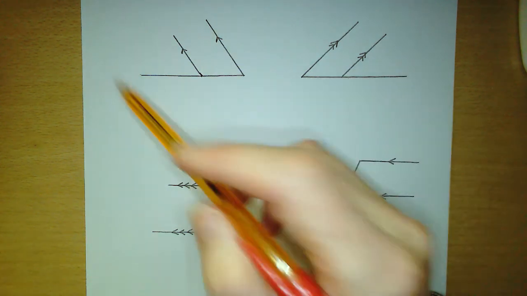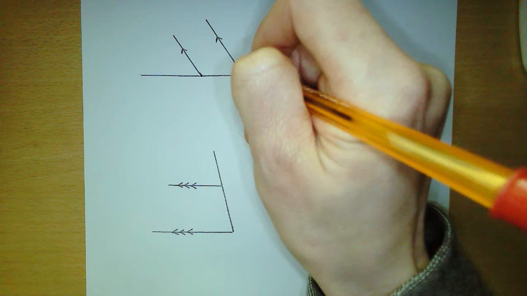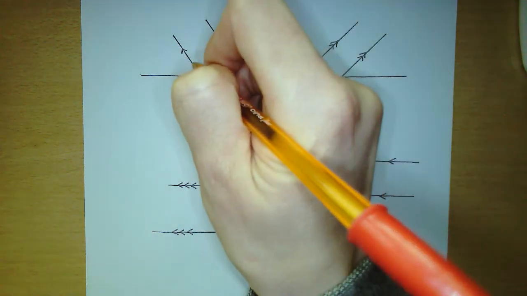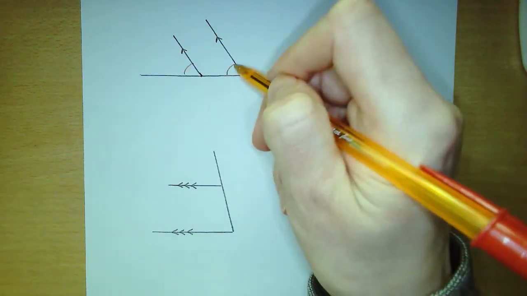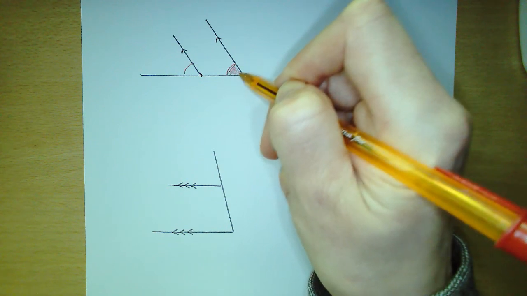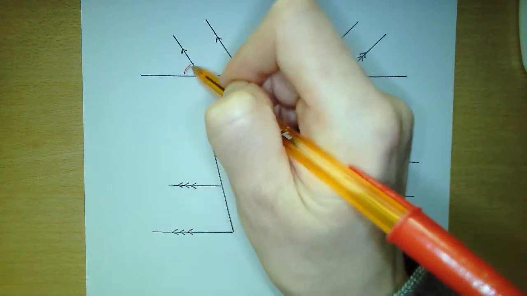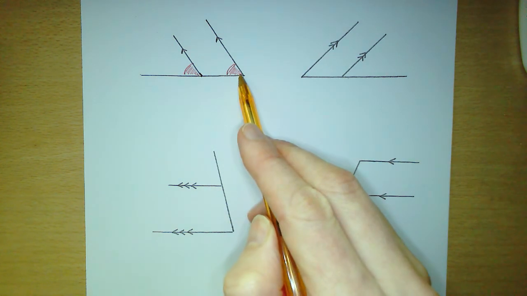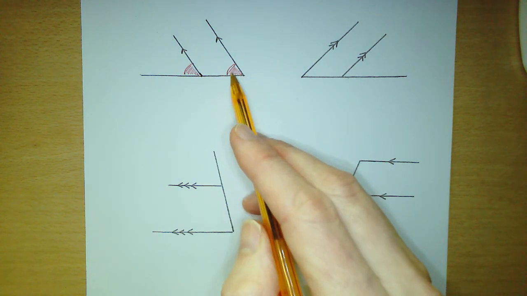So if you take a look at the first diagram here, if I was to mark an angle there and mark another angle in there, then these would be corresponding angles. Now ask yourself why.